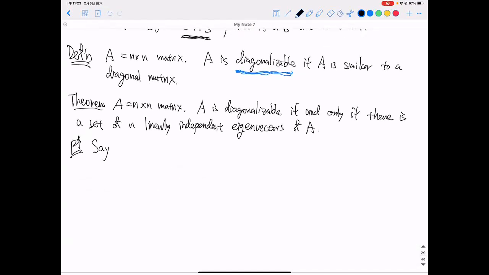So our assumption is that A is diagonalizable. So A is diagonalizable, say it is equal to, well, it's supposed to be similar to a diagonal matrix, A = SDS inverse, with D diagonal and S invertible.